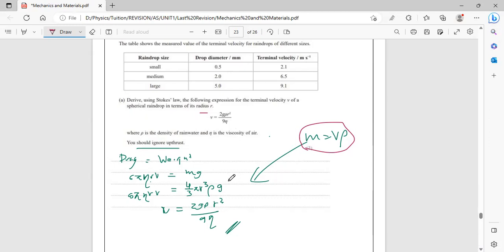In the exam, you're going to get marks for the substitutions and your concepts, and you're not going to get marks for rearranging it because it's just 2 marks, right? So therefore, we should not spend much more time doing this.